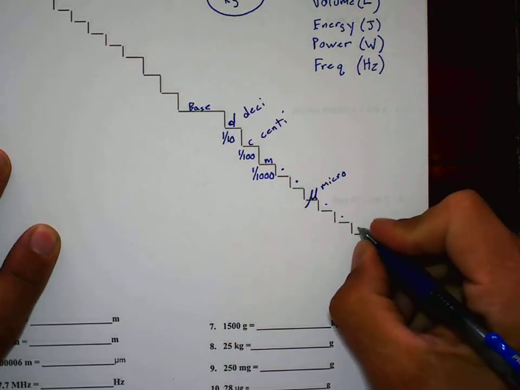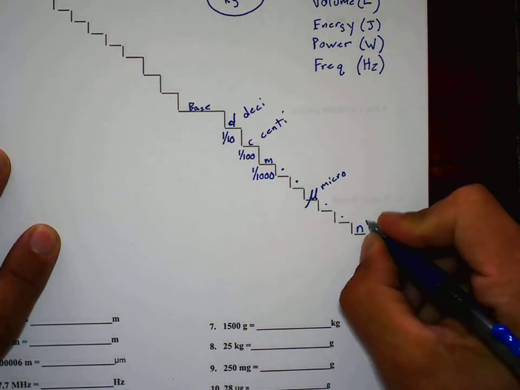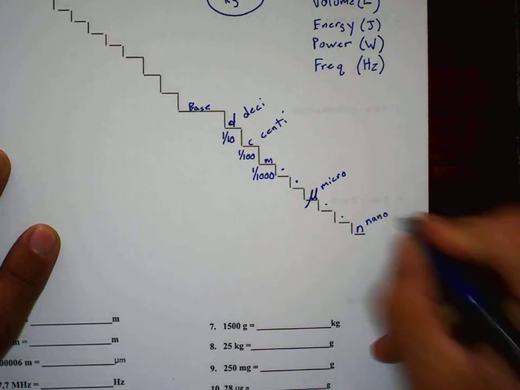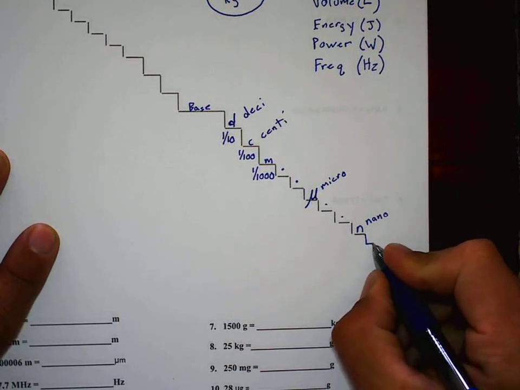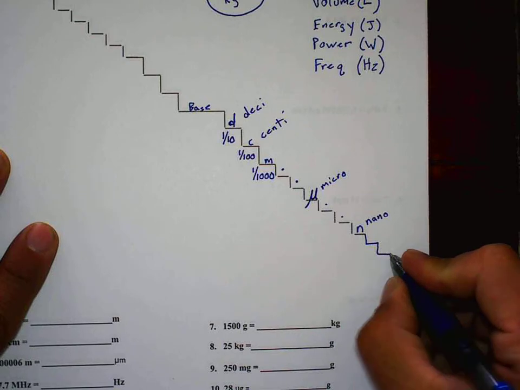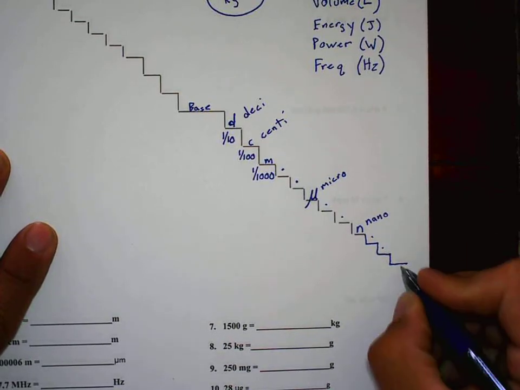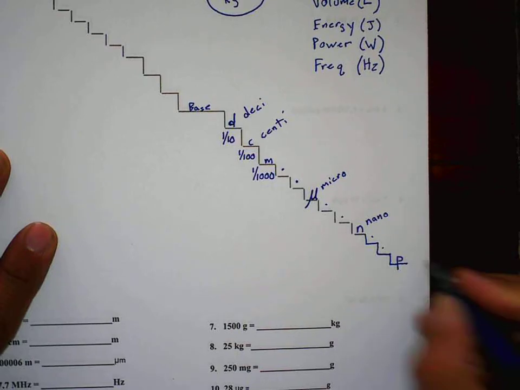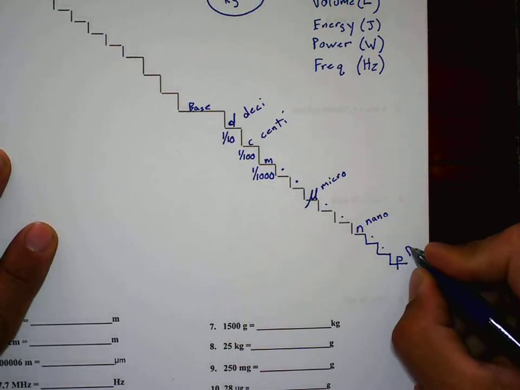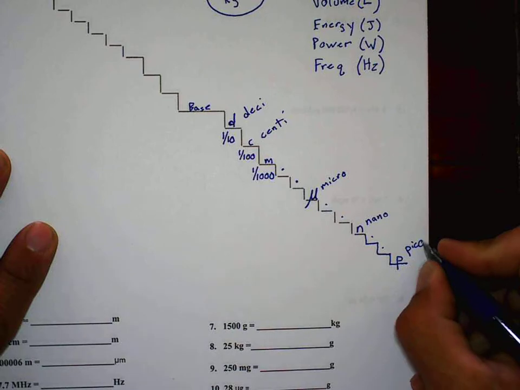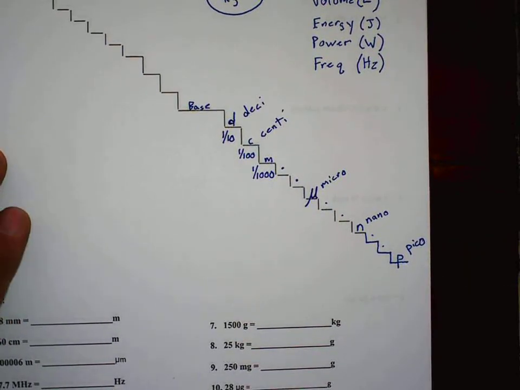And we have nano. And we're feeling kind of extra today, so we're gonna keep going. These are unnamed stairs, lowercase p stands for pico. And all three of those are for really, really small amounts of things.